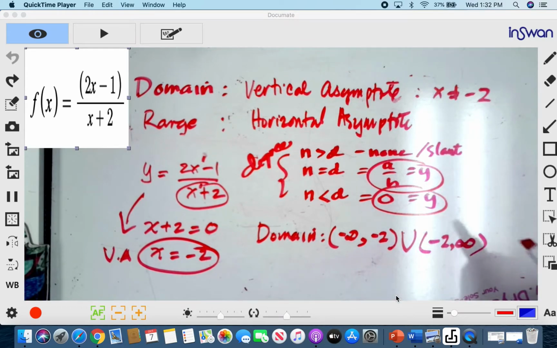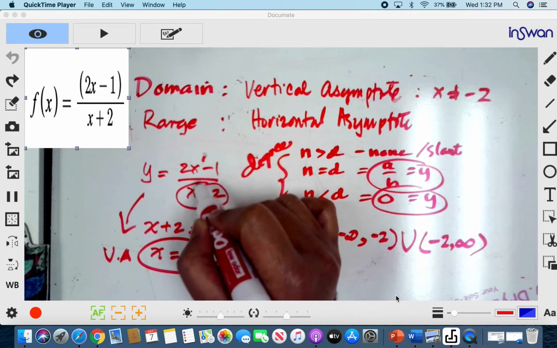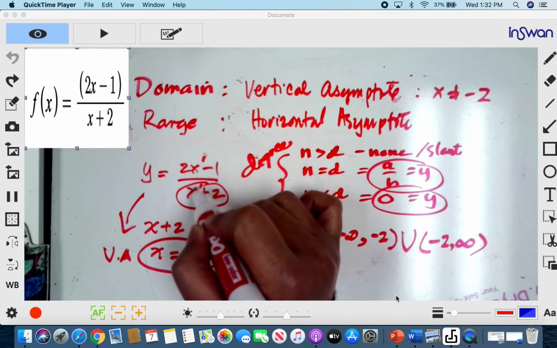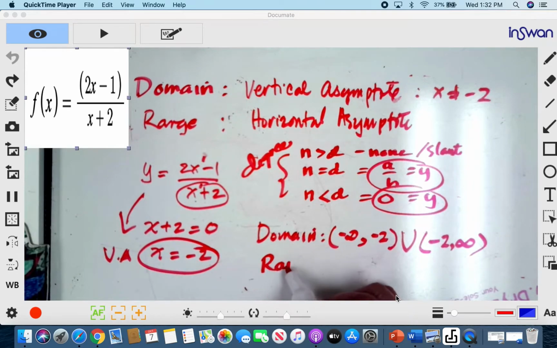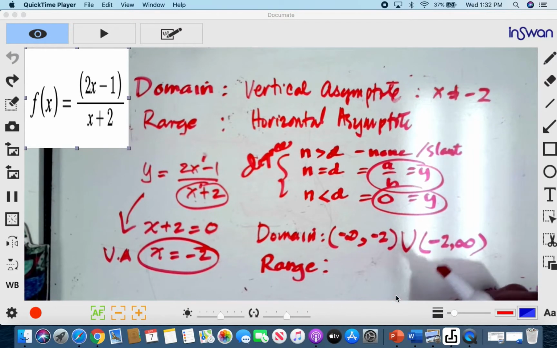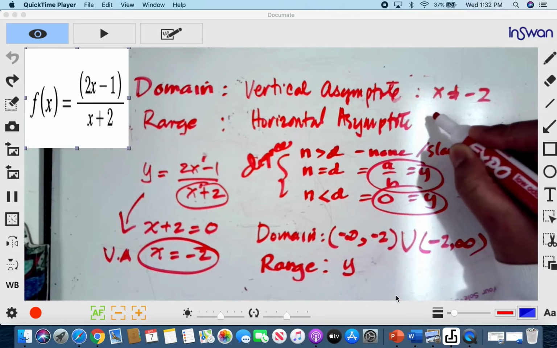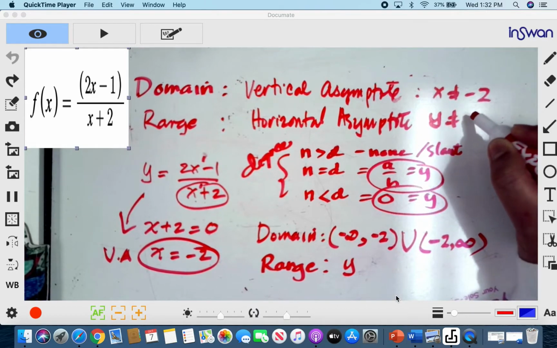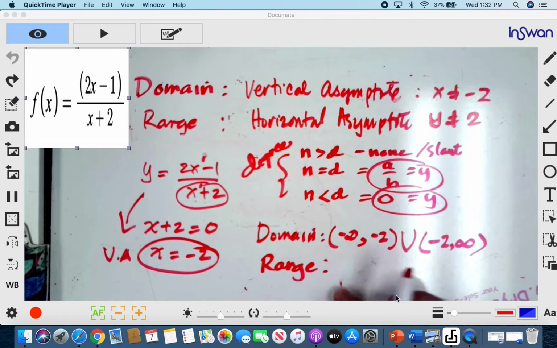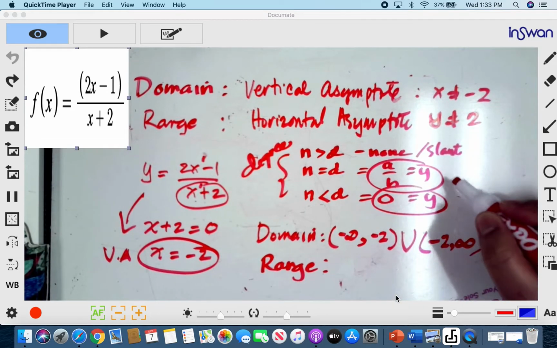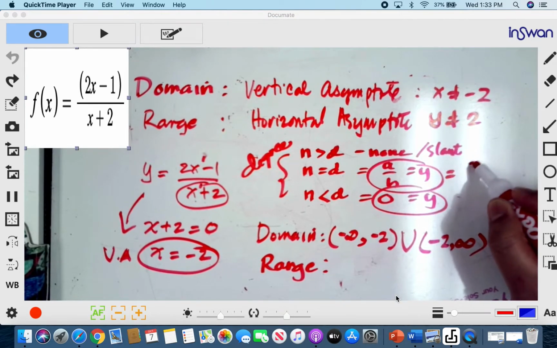Because these are asymptotes, the graph will not touch them. That's why to find the range, we just need the horizontal asymptote. Here we have an equal degree in the numerator and the denominator. So therefore, the range would be all values of y except positive 2, because your horizontal asymptote is 2 over 1.